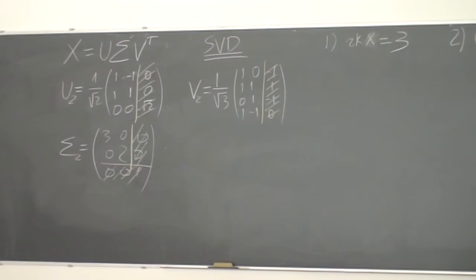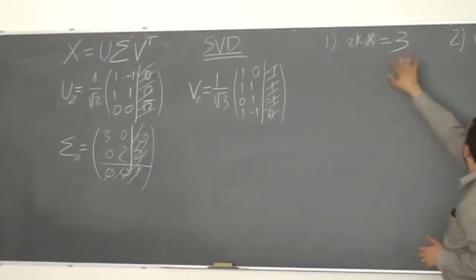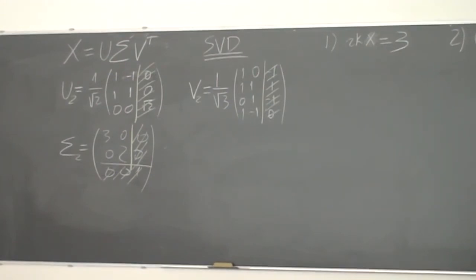What, either in the original decomposition or in the rank 2 reduction, what in that decomposition gives you the number of documents in the set? Any idea?